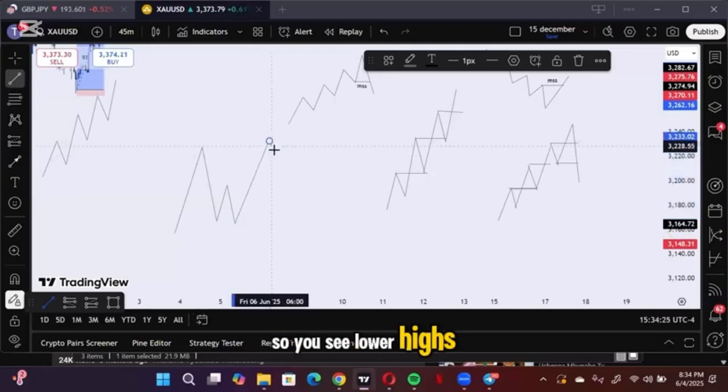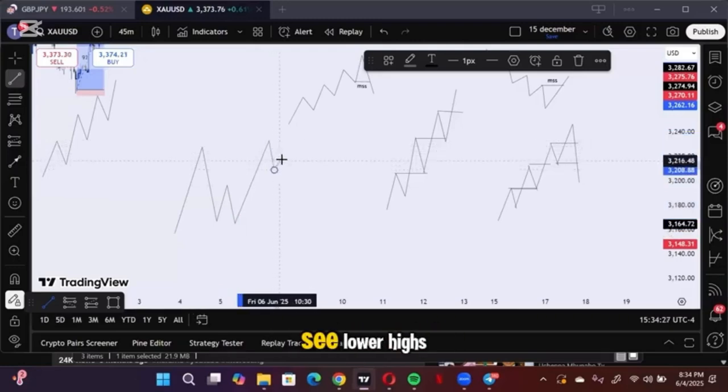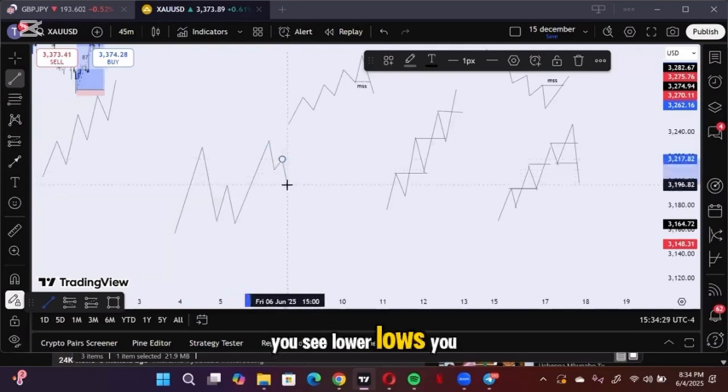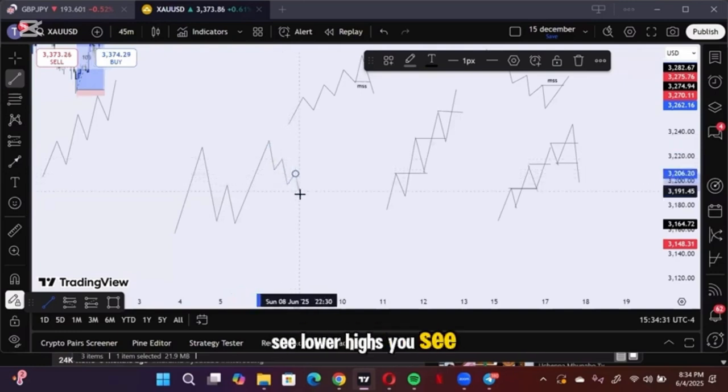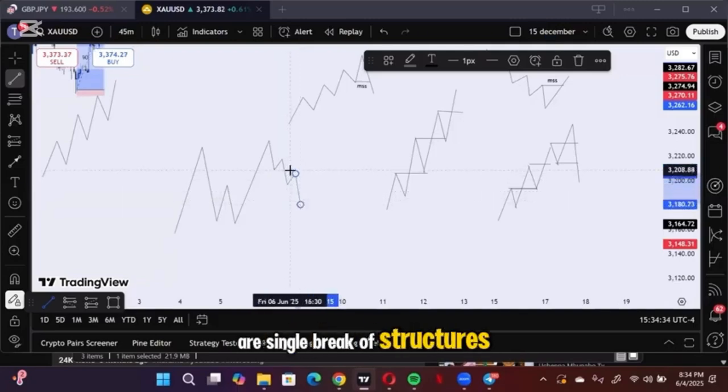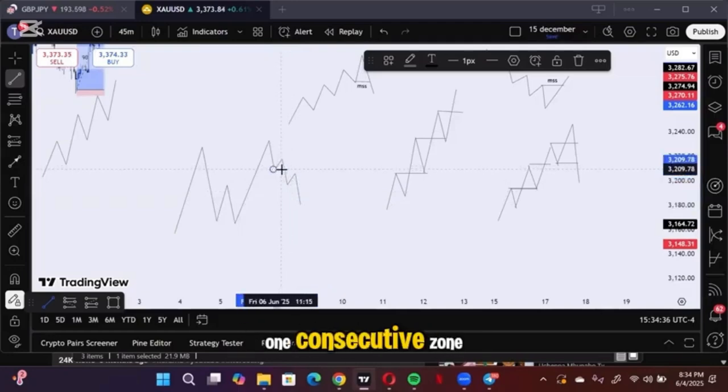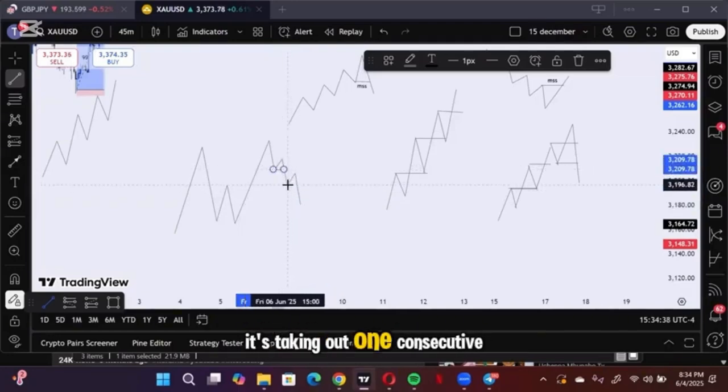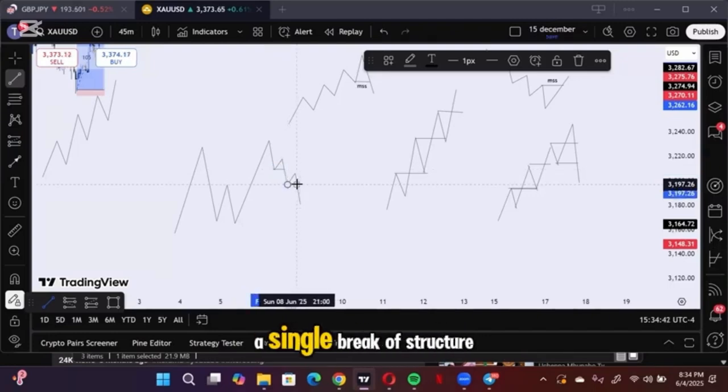So you see lower highs, you see lower lows. You see lower highs, you see lower lows. You see lower highs, you see lower lows. All these are single break of structures because it's just taking out one consecutive zone.